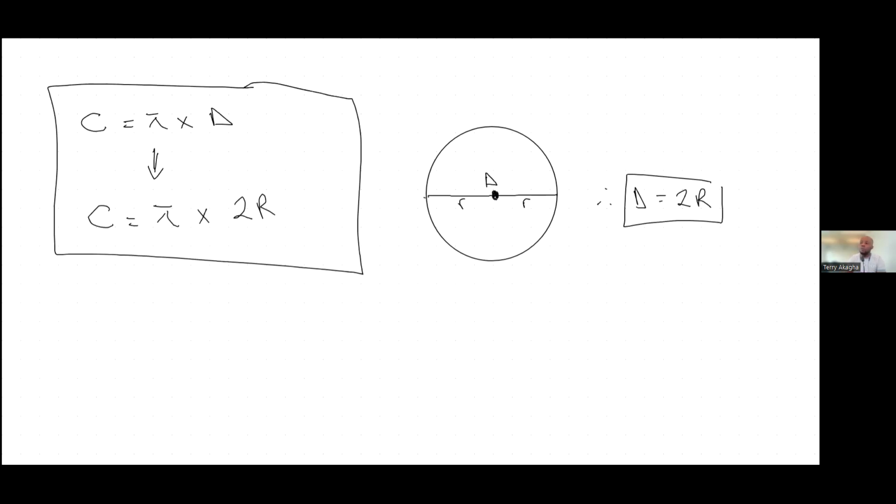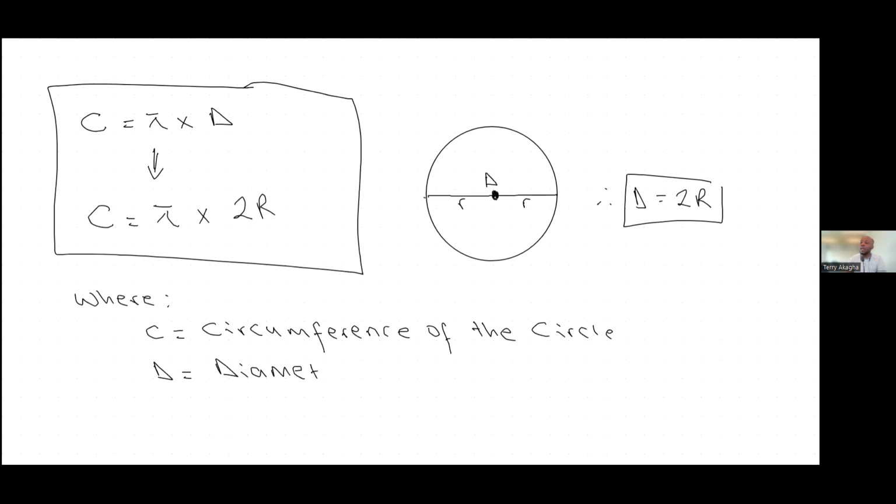So to make this clearer, where C is equal to the circumference of the circle, D is equal to the diameter if you're using the first formula, and R is equal to the radius.